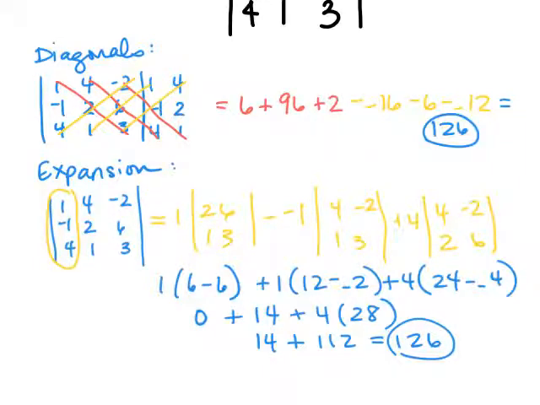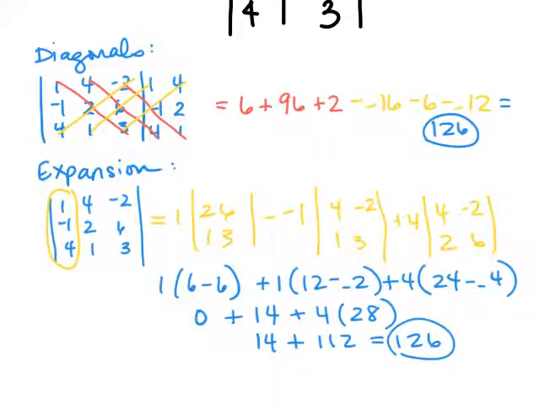And then you expand by the bottom value in this column, plus 4, and you're left with 4, negative 2, 2, 6. So then it's 1 times 6 minus 6, plus 1 times 12 minus negative 2, plus 4 times 24 minus negative 4.